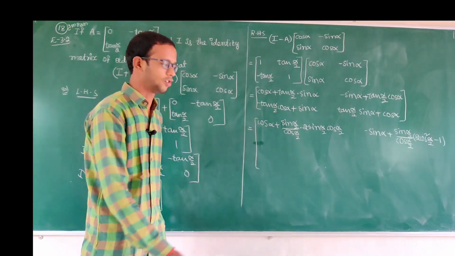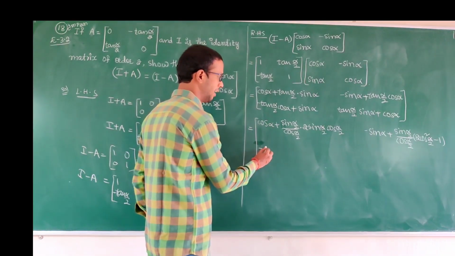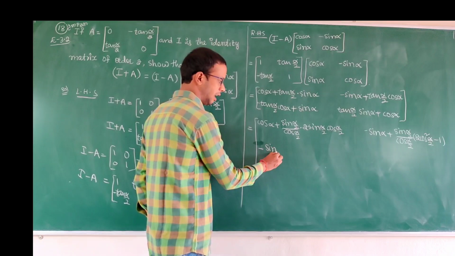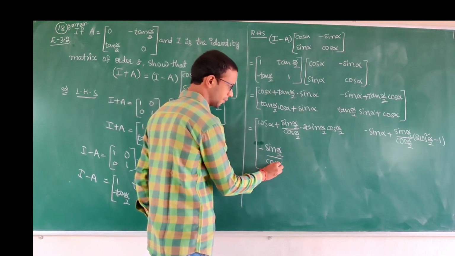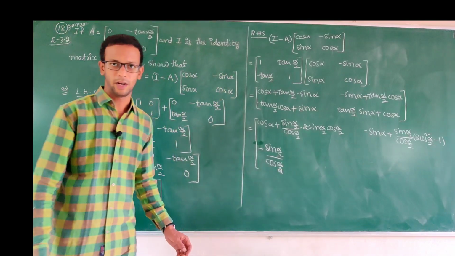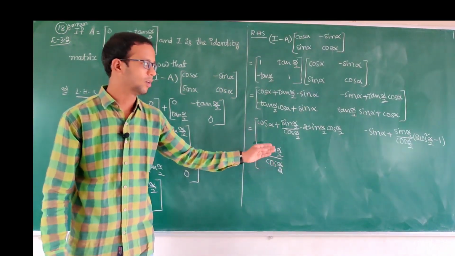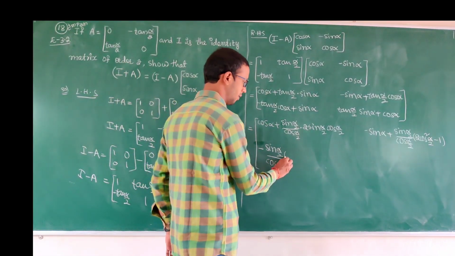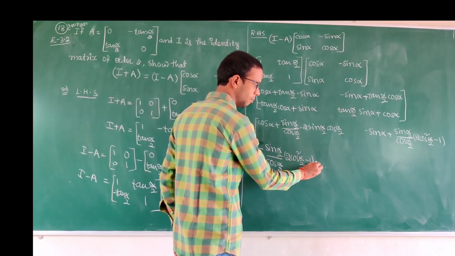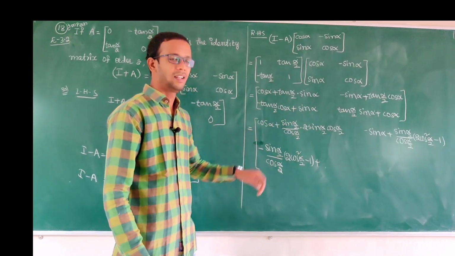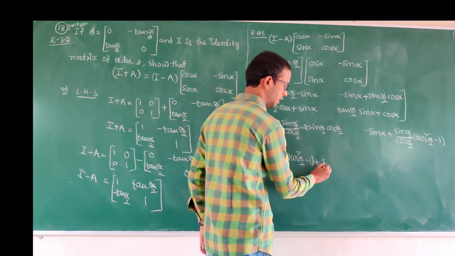Next, here simplification, minus sin alpha by 2 by cos alpha by 2, getting cos alpha, so convert to cos: 2 cos square alpha by 2 minus 1, plus sin alpha as it is.